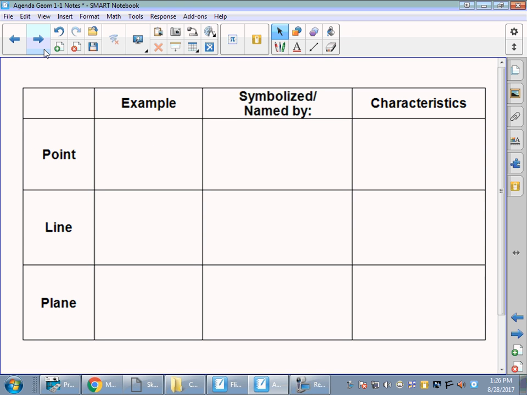So first of all, a point. Let's put a point up here. Let's call it point S for Stauffer. It's symbolized or named by a dot, and we always name it with a capital letter. That S, if you cannot tell, is a capital S. It's important.